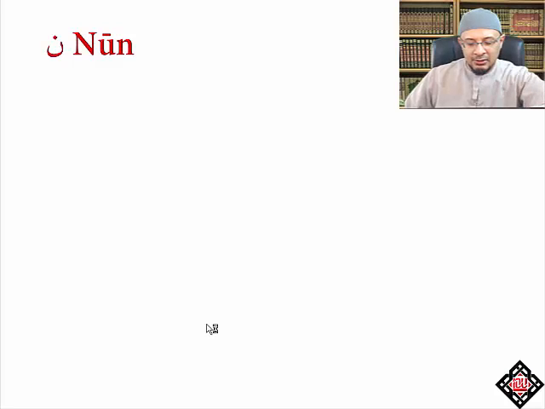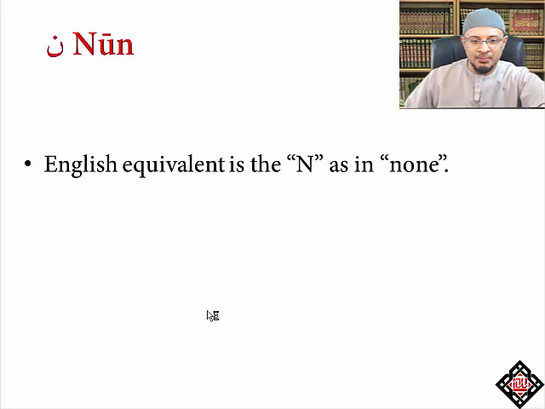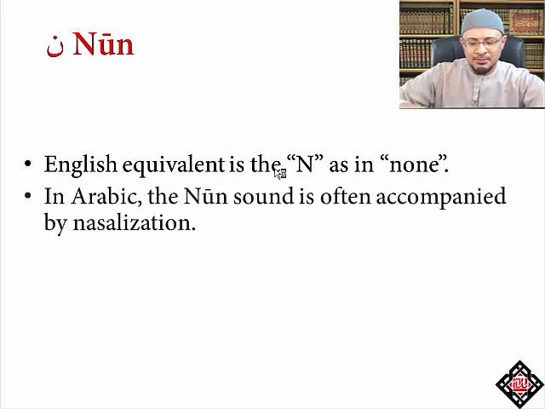Okay, so now let's go forward and look at the phonetics of the noon and the makhraj. The noon equivalent is the n in the English word none. None. None. Okay. And again, the English n does not equal the Arabic noon. This is only an approximation because of the makhraj.